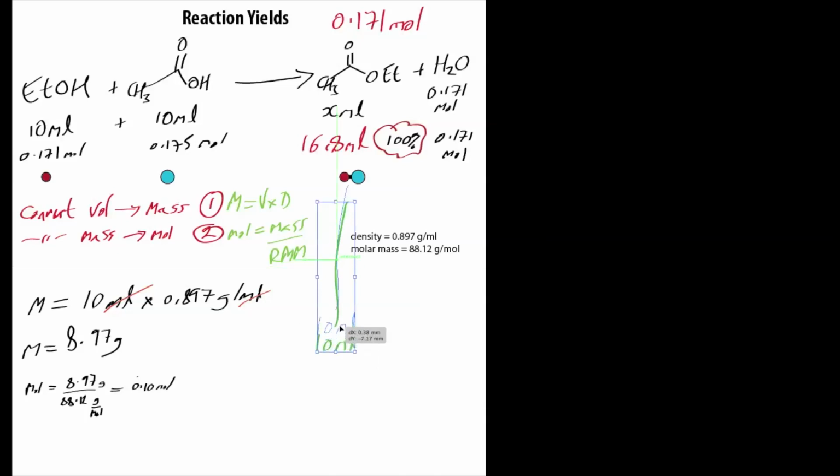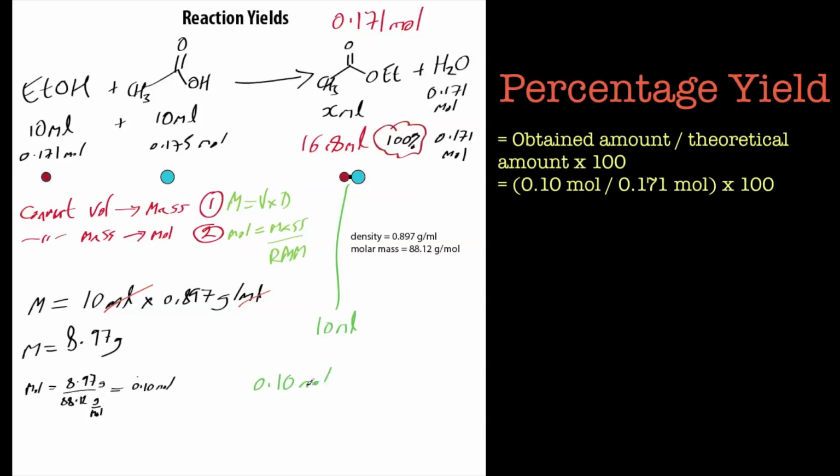The percentage yield should be 0.10 moles divided by our theoretical amount, 0.171 moles, times 100 to give it a percentage.